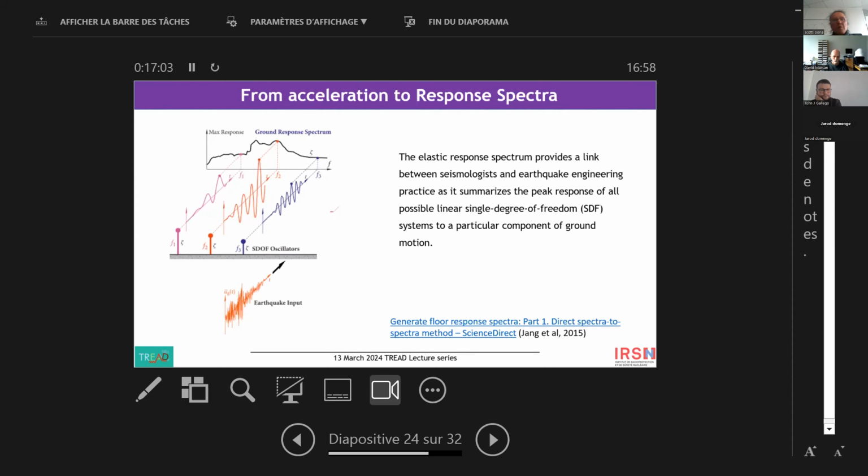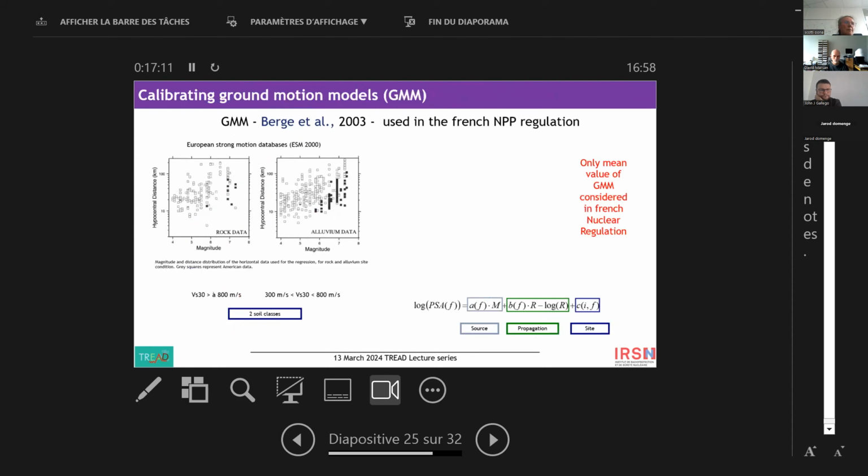We take from our database of ground motions, we transform them into elastic responses, and then we build ground motion models. Here I'm showing you a very simple ground motion model, based on just a function of the magnitude of the event, the distance and the site. Today, ground motion models can be much more complex than this, but this is an issue for another lesson, not given by me, but by a specialist of ground motion modeling.